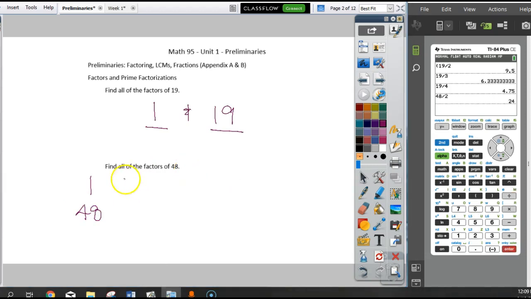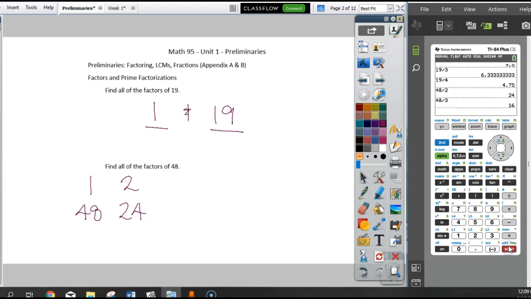Okay, 2 and 24 are also factors. You could take 48 divided by 3. So I get 3 and 16. You could take 48 divided by 4, and we get 4 and 12.